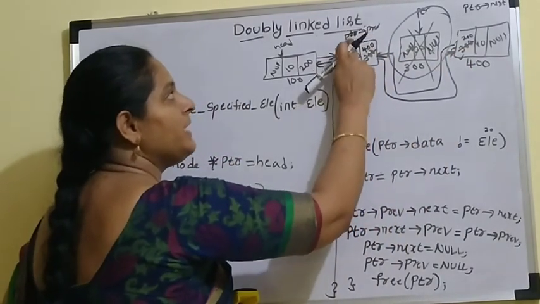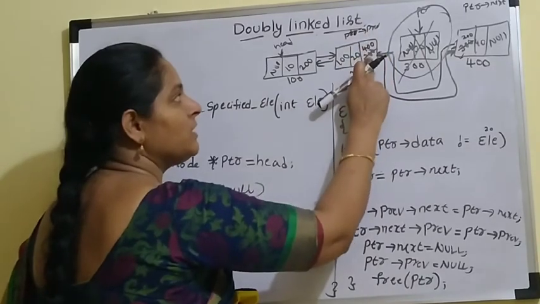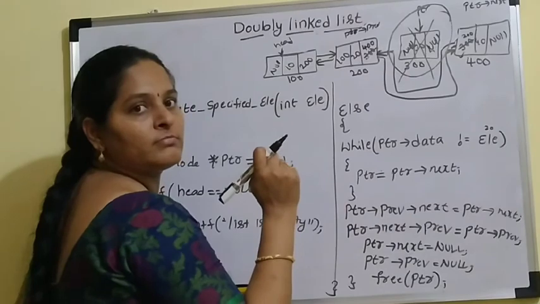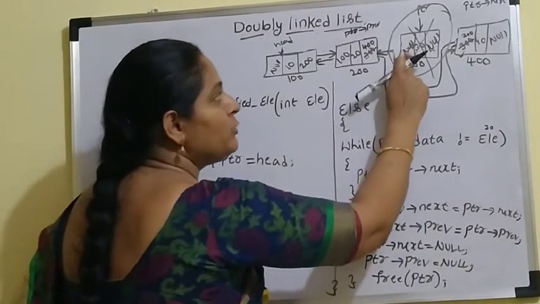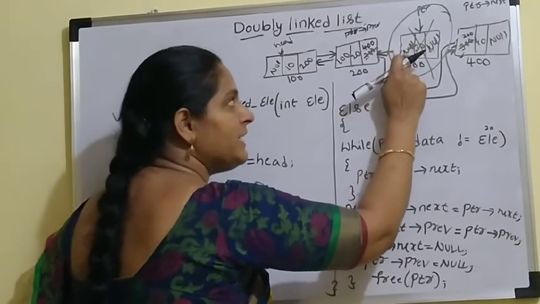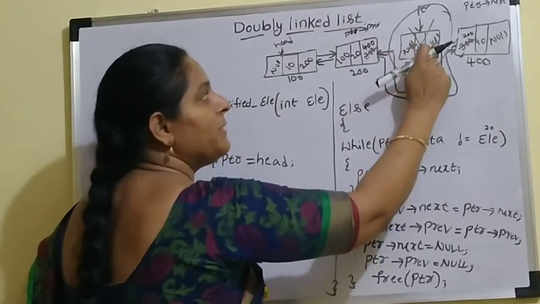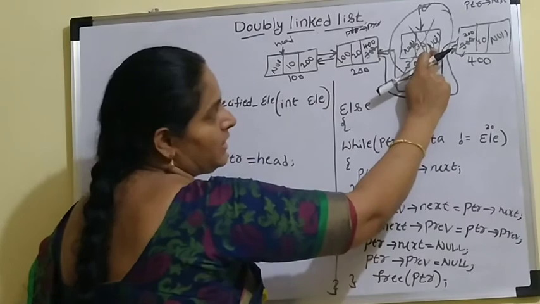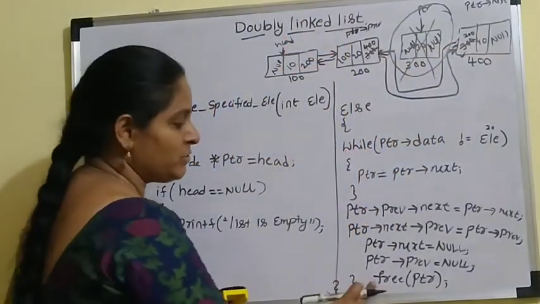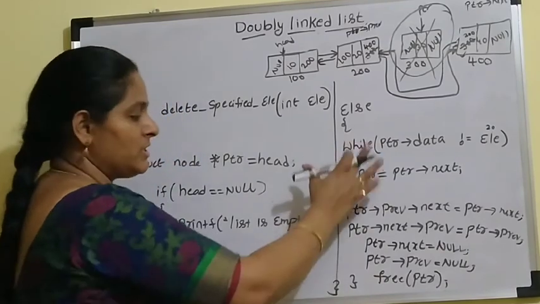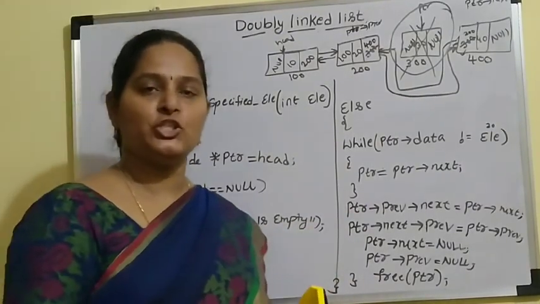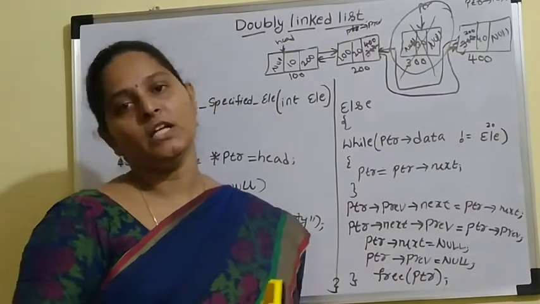Similarly, in ptr previous next part, we should save address of ptr next. After that, remove these two addresses from the ptr, means replace ptr previous address with null and ptr next address with null. Then remove the node from the memory by using the free function. So this is the way to delete the node from the specified position or specified element from the list.